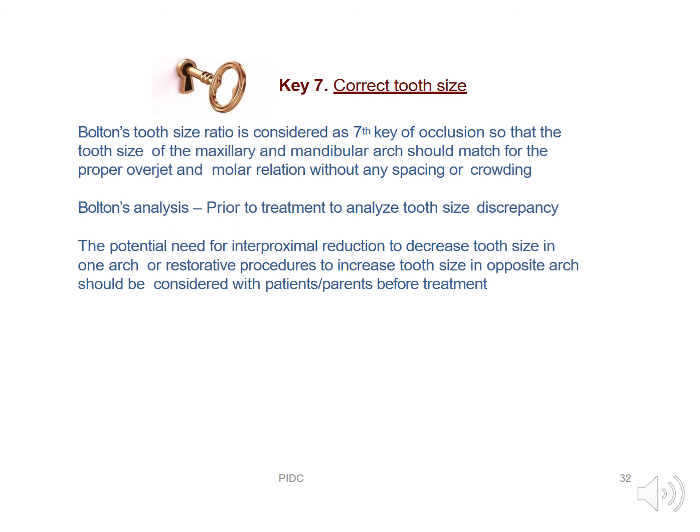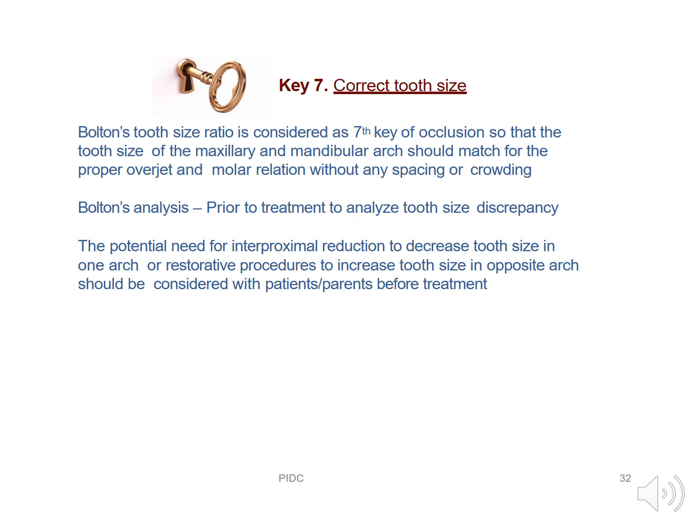The last key is key number 7, correct tooth size. Bolton tooth size ratio is considered as the 7th key of occlusion, so that the tooth size of the maxillary and mandibular arch should match for the proper overjet and molar relation without any spacing or crowding.